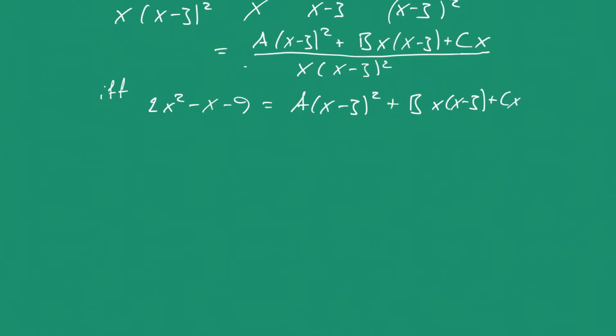As we showed in class, another way to do this would be to expand the right-hand side and write it as a particular constant times x squared plus another constant times x plus another constant, equate the coefficients, and solve for a, b, and c in that way.